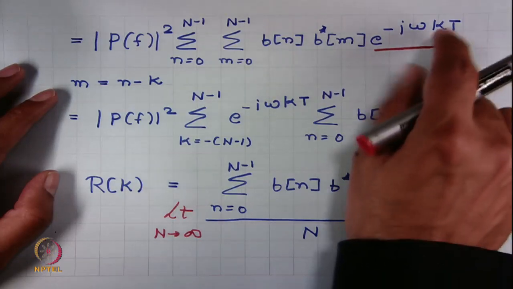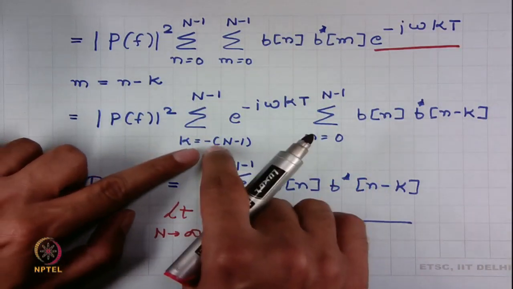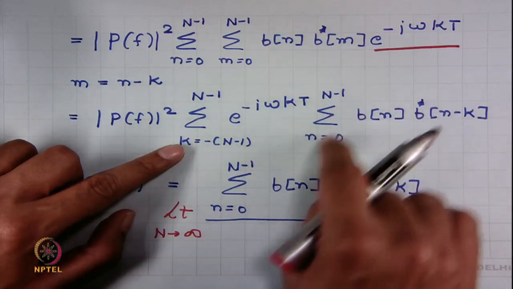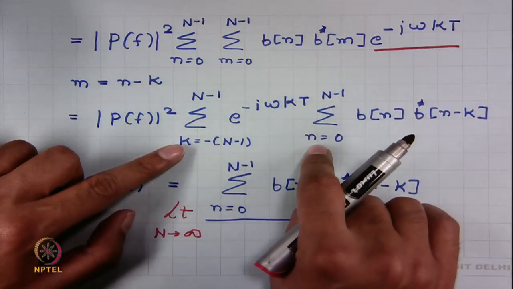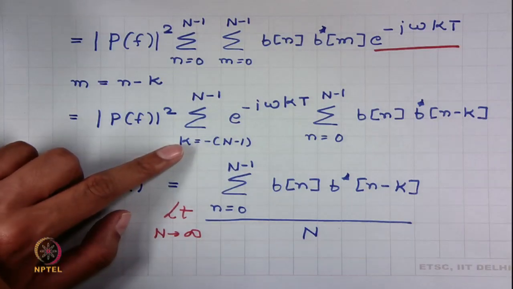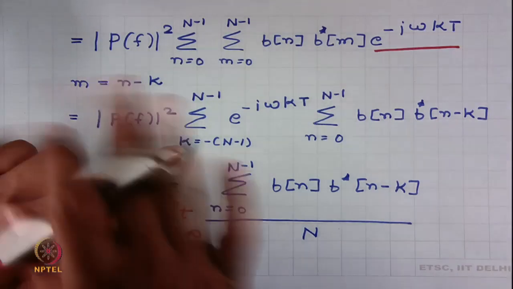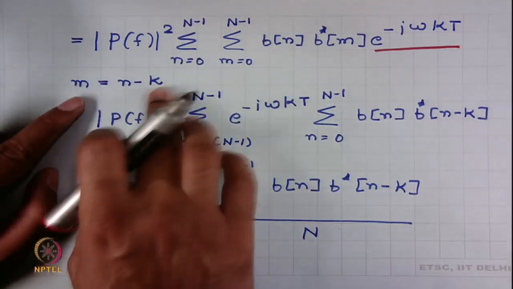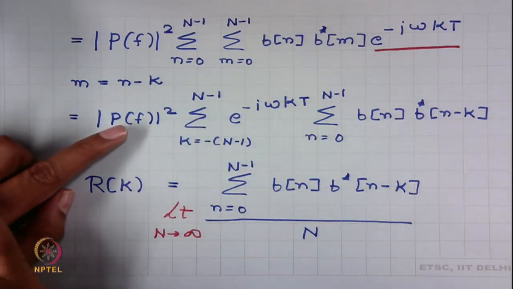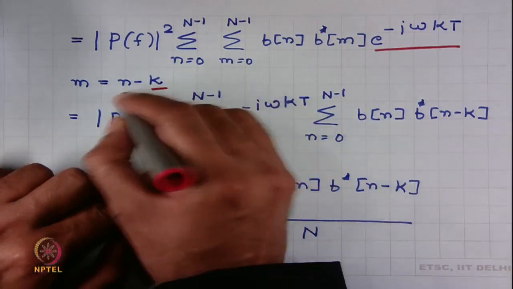First, we want to have two summations, a summation with k and a summation with n as a running variable. Instead of m, because we have substituted m as n minus k, now I have two variables n and k. We want to get rid of m, and we have got rid of m by using this change of variables. So, now we have two variables k and n.